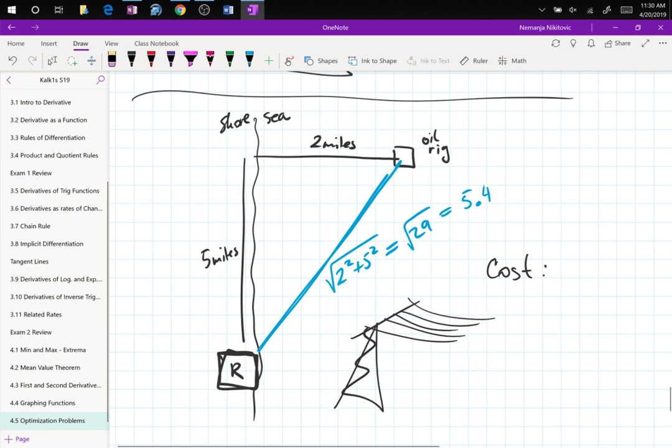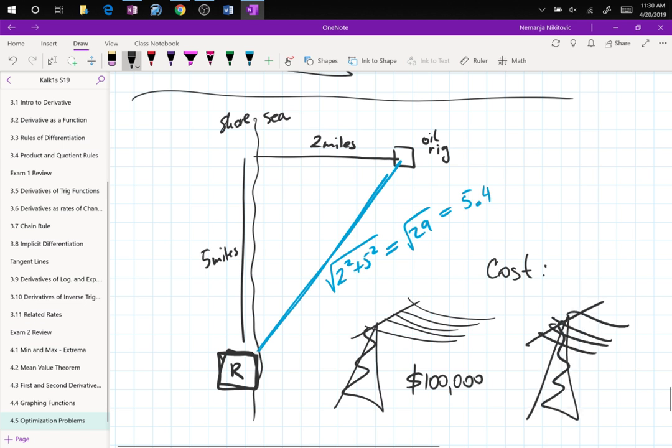So one tower with a set of wires that belong to that tower is 100K to install. And then you have the next tower with its set of 5 wires going the other way, and the next one and the next one, right? So each one of these is 100K.